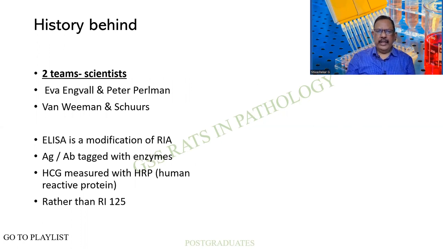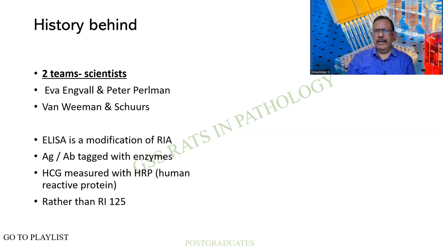There are two teams of scientists in the history behind this: Engvall and Perlmann, and Van Weemen and Schuurs. These two sets of people have led to the evolution of the ELISA, and probably the other techniques are to follow. It is a modified form of radioimmunoassay. So radioimmunoassay by itself is a question, chemiluminescence is a question, ELISA is a question.